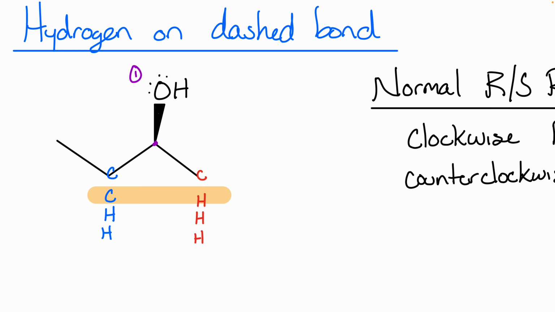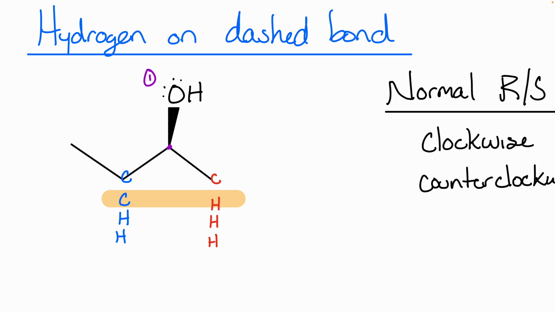So the fact that this blue carbon is bonded to another carbon, whereas my red carbon is only bonded to hydrogens, that's how I'm going to break this tie, and my blue carbon is going to win. So this is 2, and that methyl group is 3.